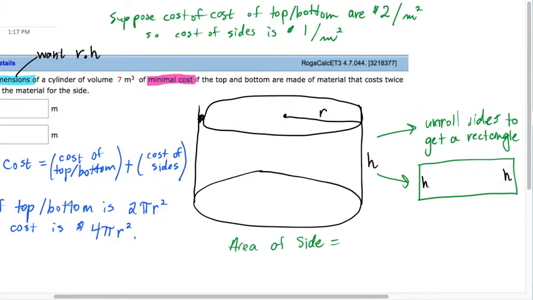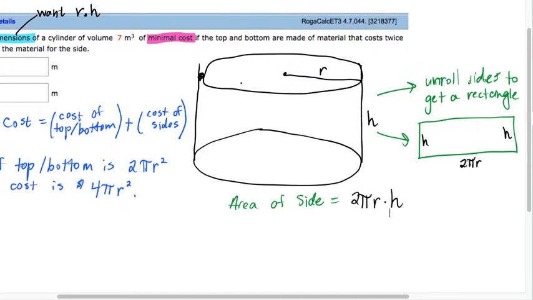What is the length of this rectangle? Yes, it's the circumference of the circle. So the length of the rectangle is 2 pi r. So the area of the sides is 2 pi r h. That's the length times the width, or length times the height. And it costs $1 per square meter, so its cost is the same as the area. So it also equals the cost.